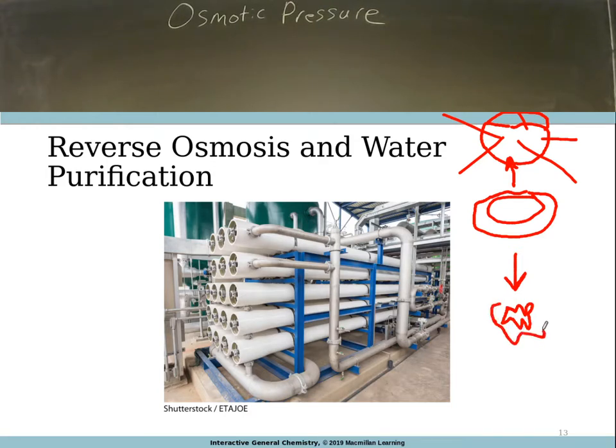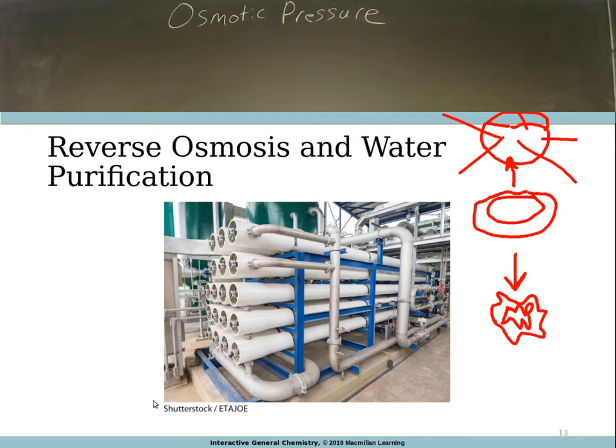Here's a shriveled little red blood cell that has lost all of its water because it was given an environment that was too salty. And of course that's damaging to the red blood cell as well. So anyway, osmosis is extremely important when you're considering IV solutions that you might receive or give to a patient.